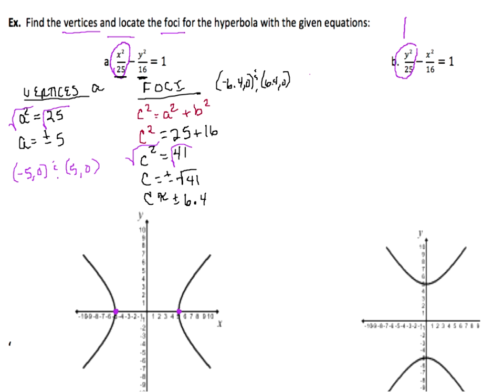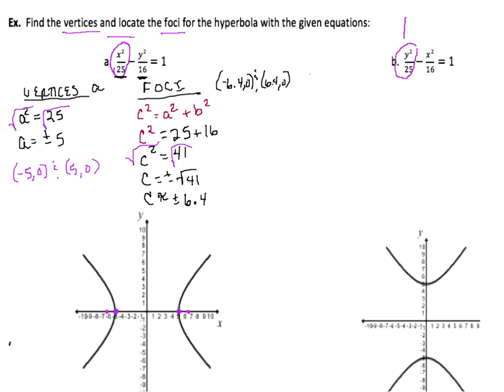So I'll just graph those for you. Roughly here and here. Okay, so that's all this particular problem asks us to do, is just find the vertices and the foci. So I'm going to go ahead and move on to the other ones. You good with that first one, Jessica? Excellent. Thank you.